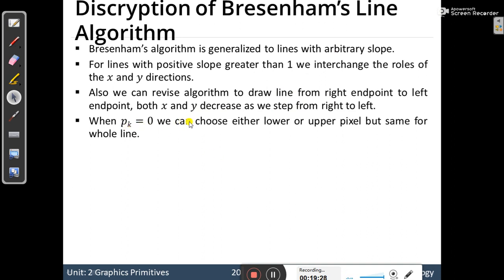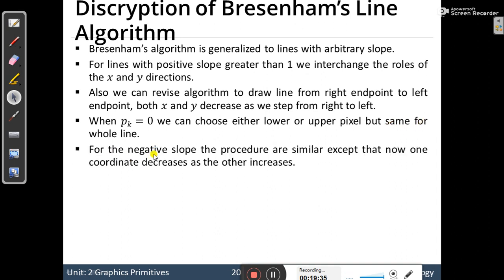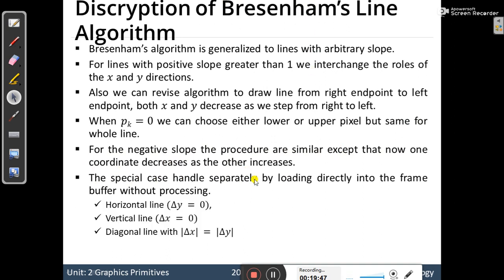When pk is 0, we can choose either the lower or upper pixel, but the same for the whole line. For a negative slope the procedure is similar, except now one coordinate decreases as the other increases. Remember this main point.